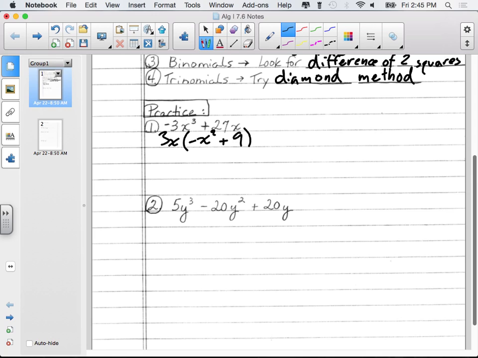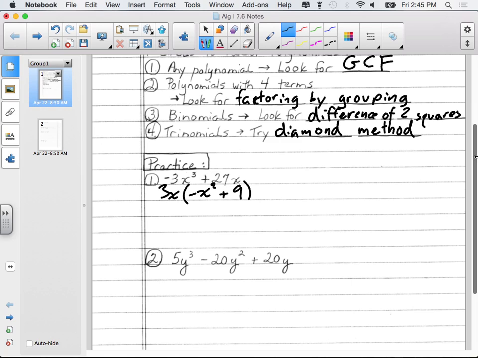So we found the GCF, that's good. Now we have a new factor, negative x squared plus 9. What kind of polynomial is that one? It's a binomial, so based on what we have up here in our notes, we should be looking for a difference of 2 squares.